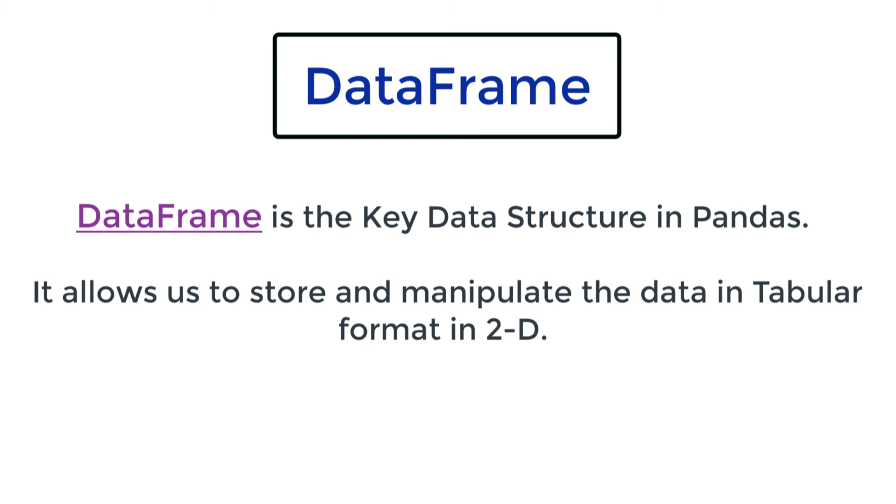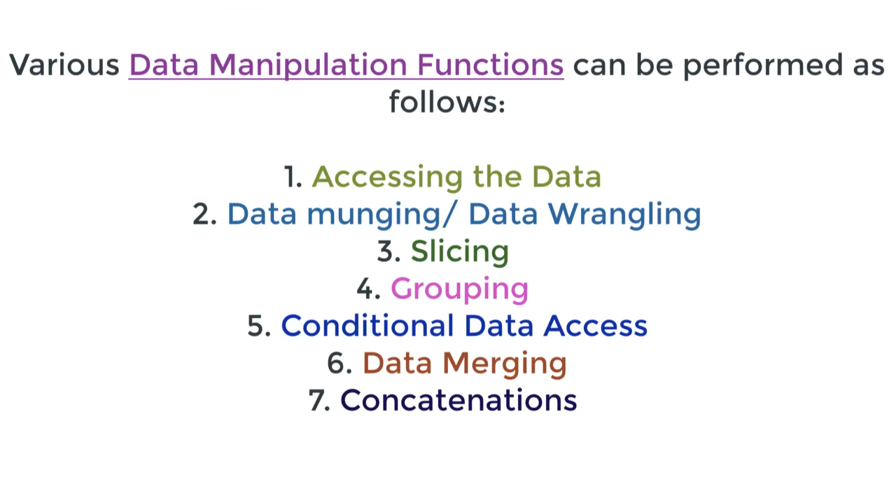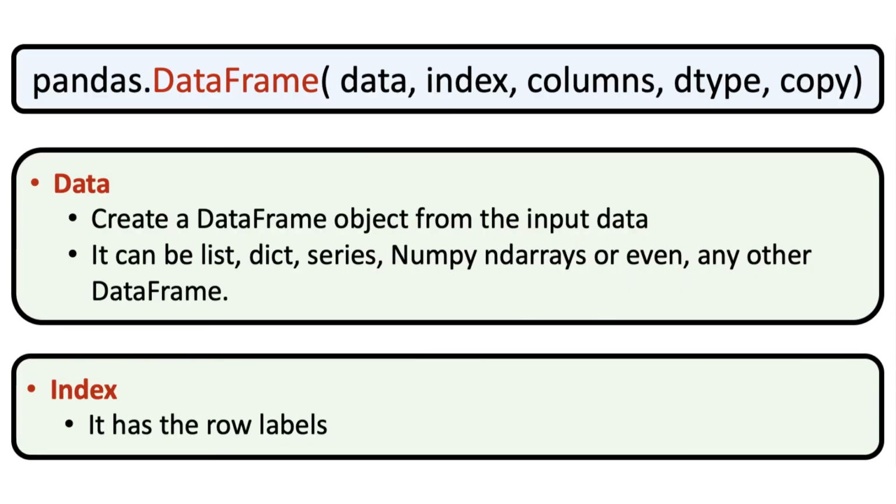It contains rows and columns, and it provides a rich feature set. In that, you can perform data statistics operations, you can do slicing, grouping, merging, and you can concatenate two data frames.